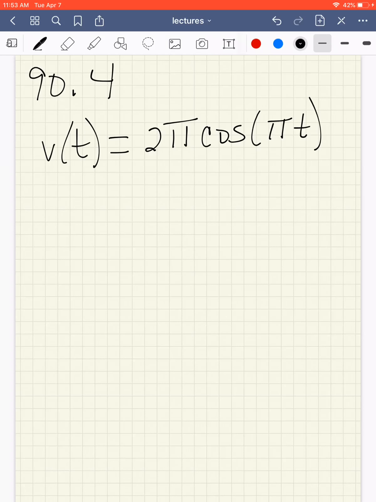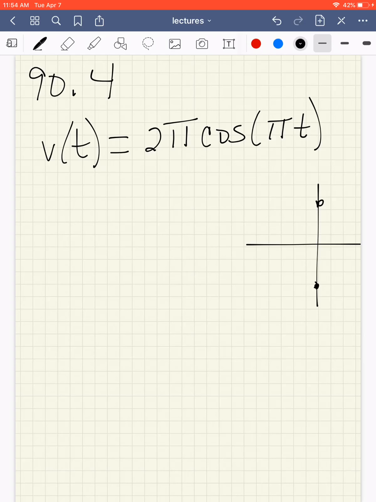Well, when it's stationary, that means that the velocity is equal to 0. So 2 pi is never 0, so it's only going to be when cosine of pi t is equal to 0. And where would that be? Here it was 1, here it's negative 1, so it's got to be here and here.